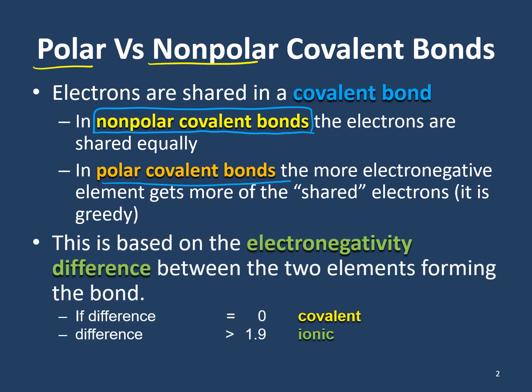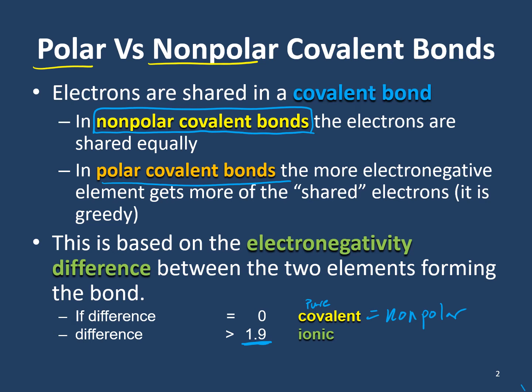Really, whether your bond is polar versus nonpolar is all about the electronegativity difference between the two elements in the bond. So usually we say if the difference is 0, this is a pure covalent, or in other words, nonpolar. On the opposite side of this coin is when your electronegativity difference is greater than 1.9.